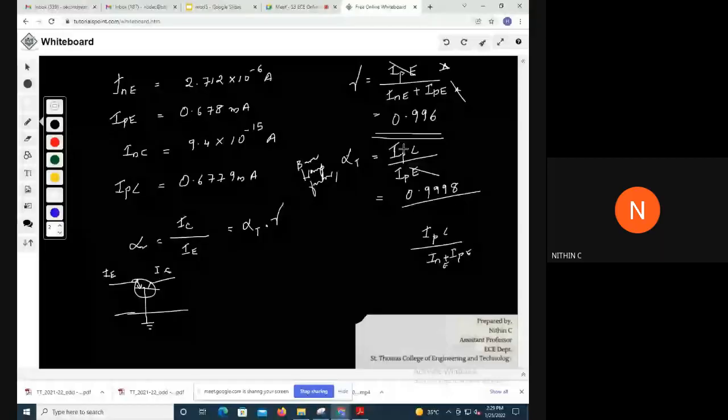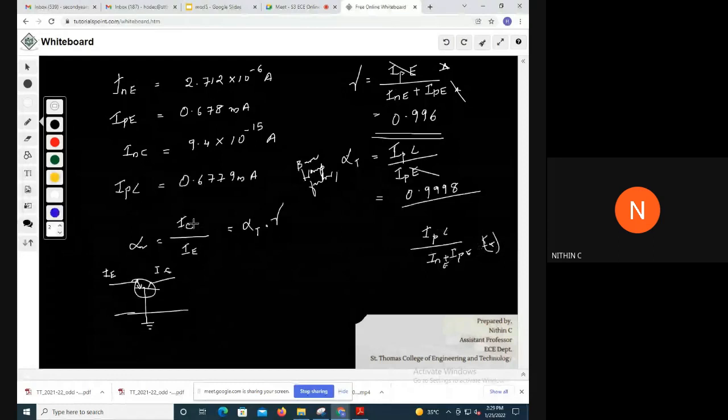When you multiply the right hand side, you will understand that IPE will get cancelled and the remaining part will be IPC divided by INE plus IPE. Right? If you are multiplying these two terms, IPE will get cancelled since both are coming in numerator and denominator. Remaining will be IPC divided by INE plus IPE. INE plus IPE is IE itself. And IPC can be approximated as IC.